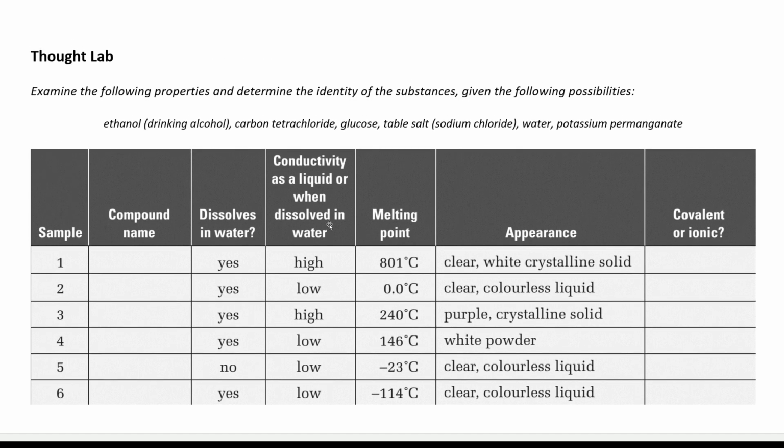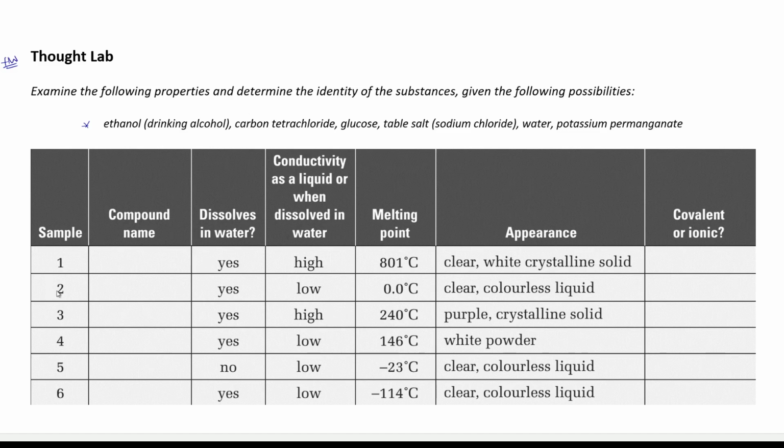Then finally, this is also for homework right here. This is a thought lab. So you're given several properties of substances, the melting points, the conductivity as a liquid or when dissolved in water, if it dissolves in water, and I want you to determine, using these, and put them in the various boxes, right?